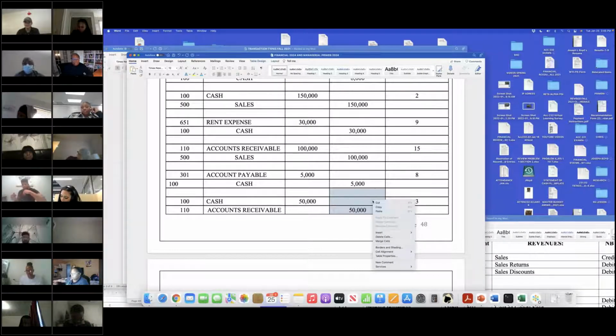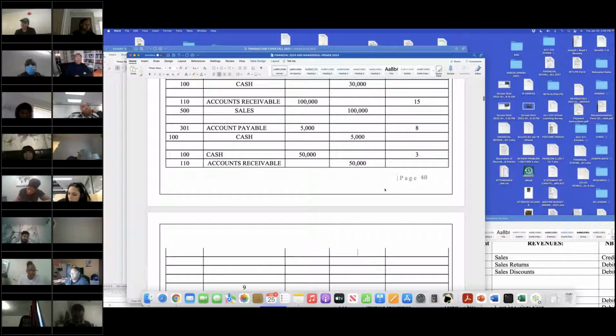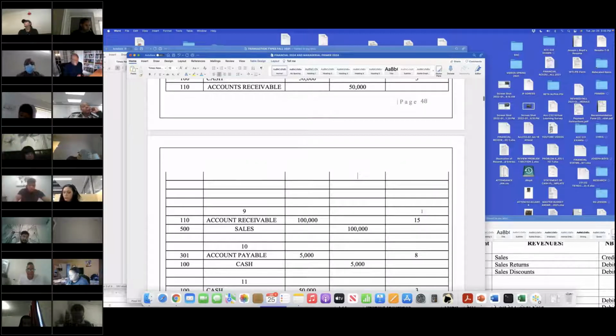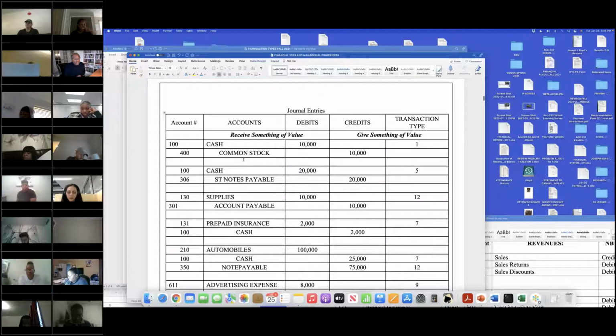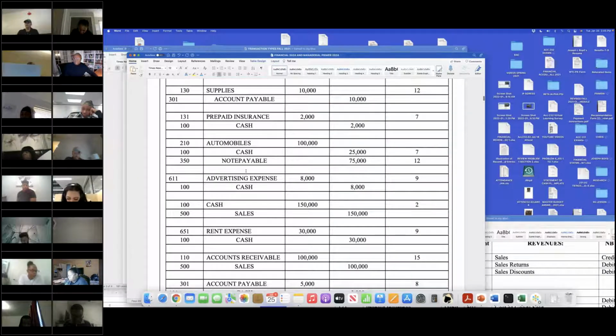What's our next one? Dividends. What's our type? Type 10. What's a dividend? If you own stock in a company, like we invested into the company, we're paid dividends on our investment when the company is doing well. You can't get your money back. You buy stock in the company, and the company can pay you dividends.